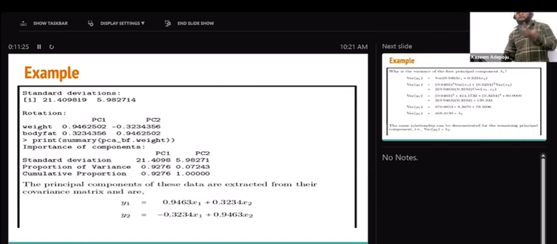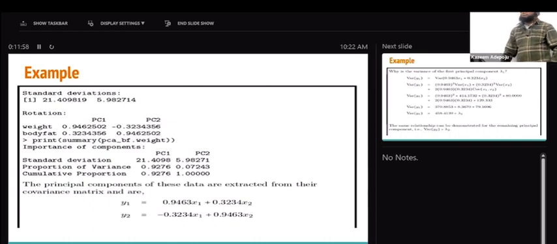Now, when you print the summary, you can look at the proportion. The cumulative proportion is going to tell you the percentage of the contribution of a particular principal component. When you take a look at the PC1, the PC1 contributes 92.7%. The proportion of variance here is looking like a random effect.